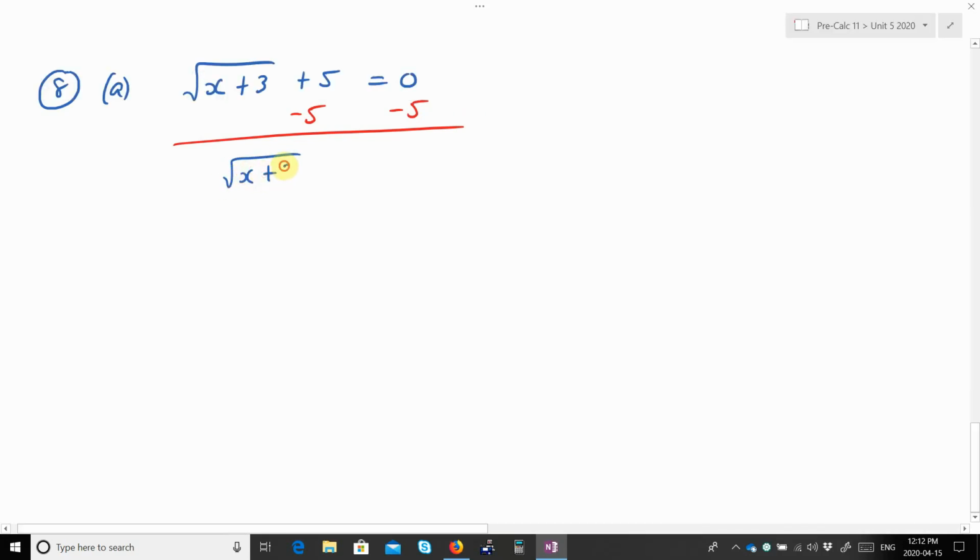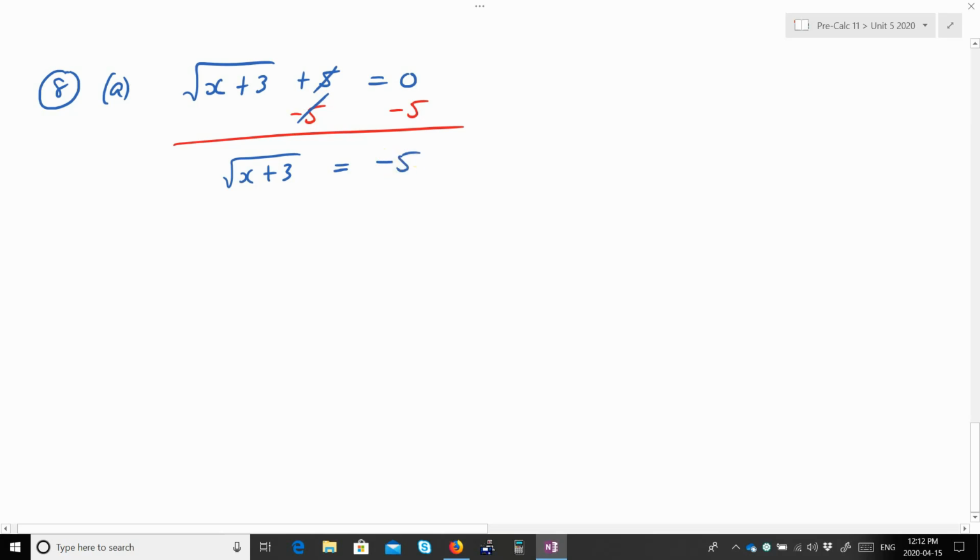All right, let's move down to number 8 here. It says determine by inspection which equations have extraneous roots. And we have the square root of x plus 3, and then plus 5 equals 0. And you might notice, guys, that if you try to isolate the radical, you will get the square root of x plus 3 equals negative 5.